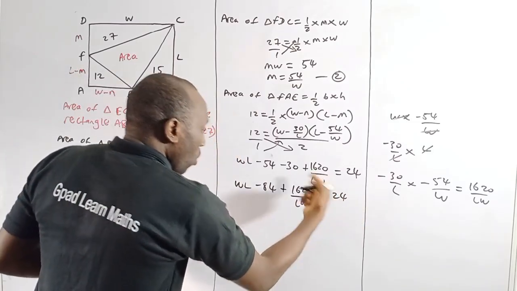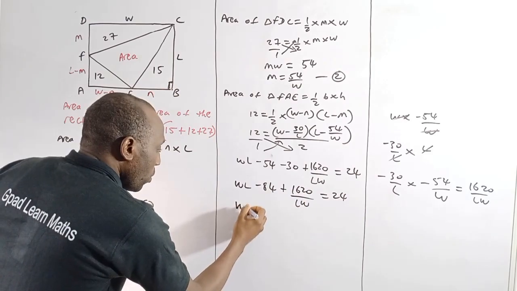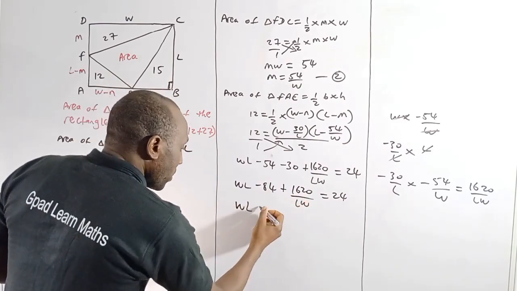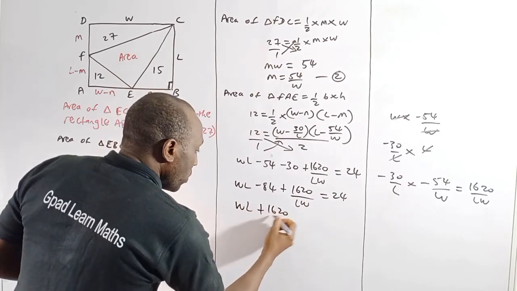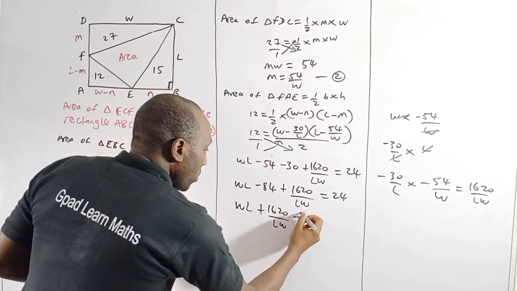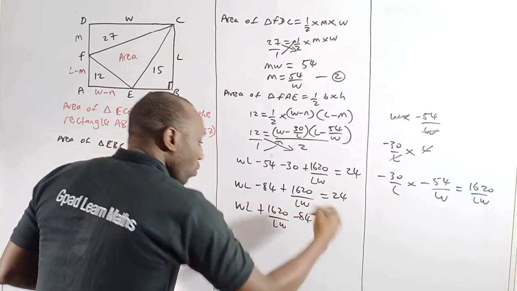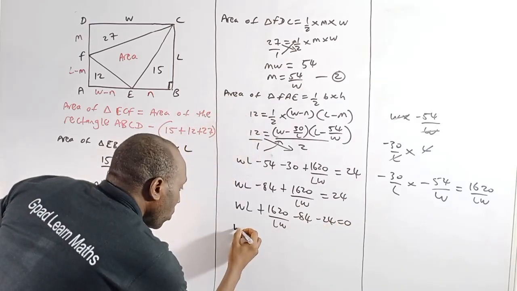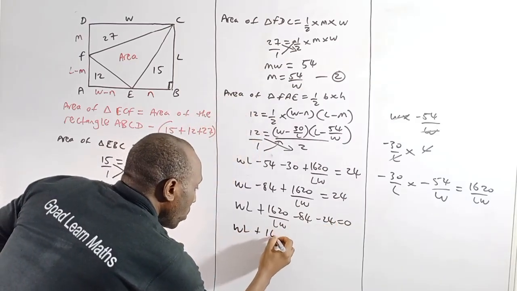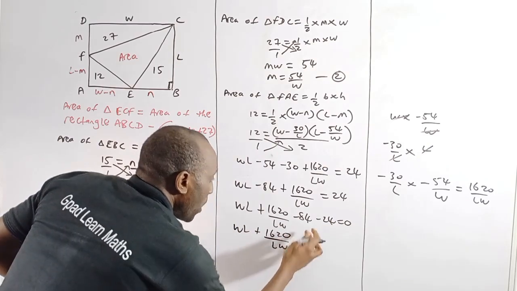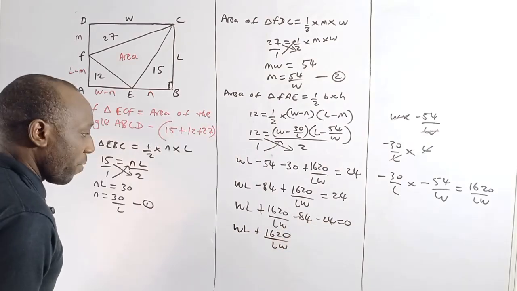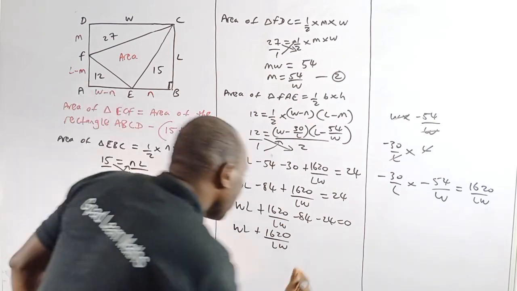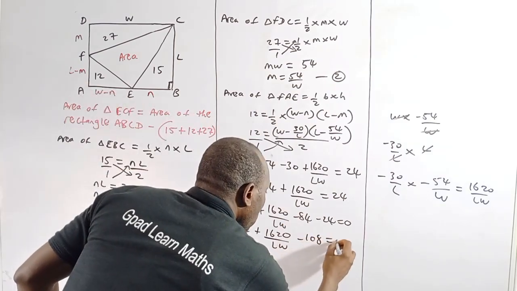So let me move this over here. So I have WL. I'll write this one first, plus 1620 over LW minus 84. Then move this one over, you have minus 24 is equal to 0. So if I rearrange this, WL plus 1620 over LW minus 84 minus 24 is minus 108. Minus 108 is equal to 0.